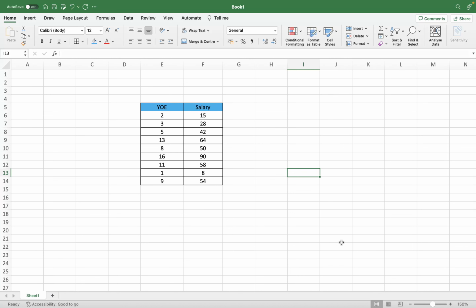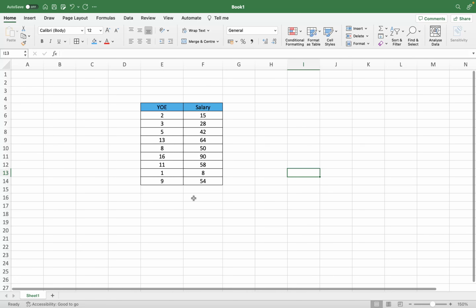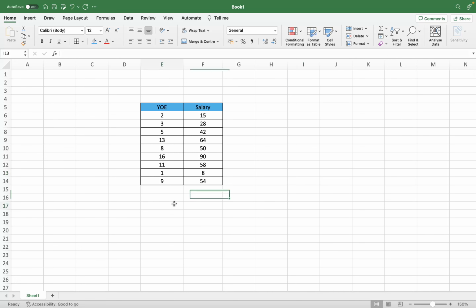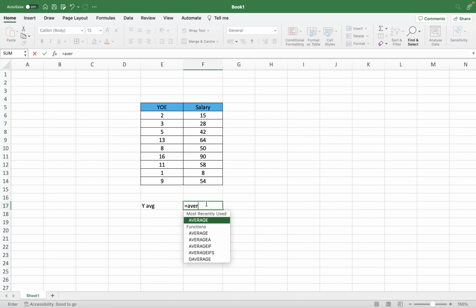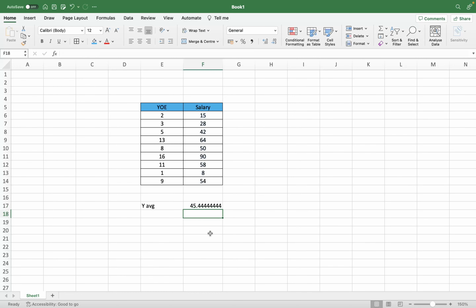Okay, so now let's find the y average, for example. So y average will be the average of the entire y, yes or no? It came out as 45.8, not 45.4. Now we'll find the error.